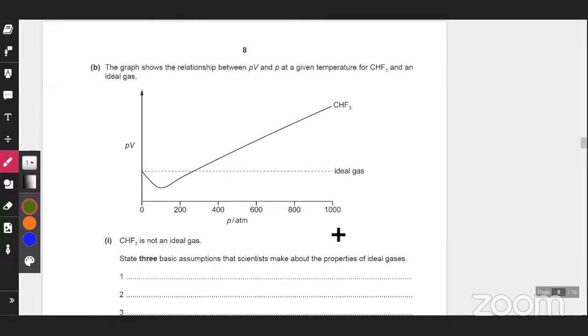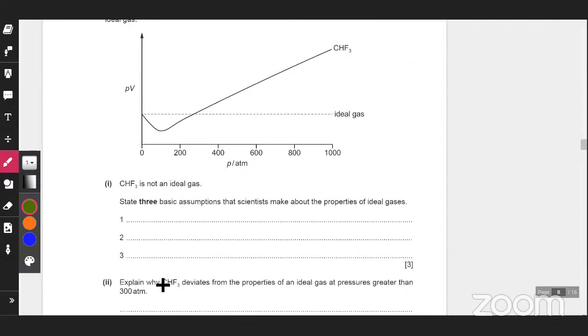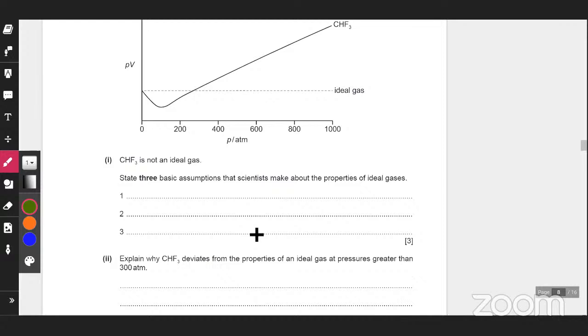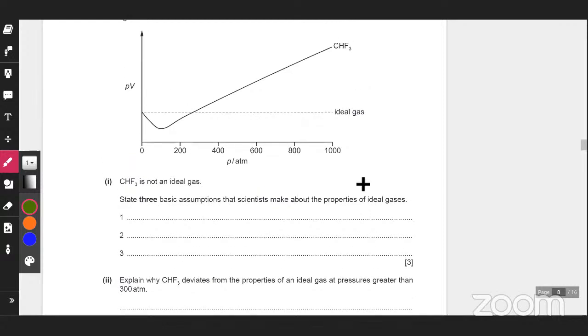Now the graph shows the relationship between PV and P at a given temperature for CH3F3 and an ideal gas. Now this is an ideal gas. State 3 basic assumptions about the properties of an ideal gas. Number 1, negligible intermolecular forces.